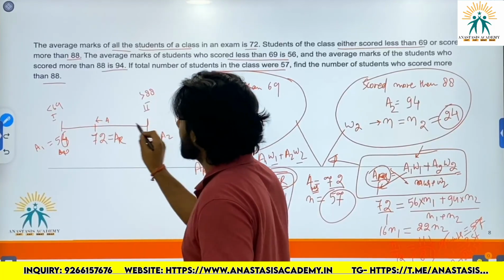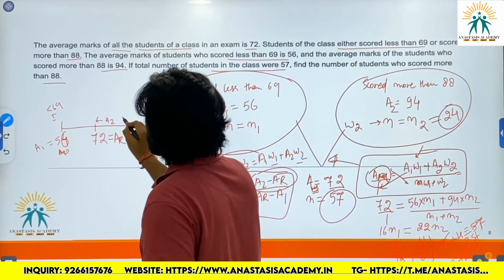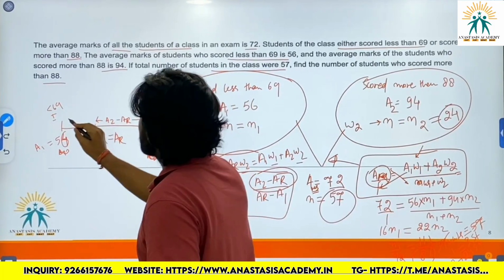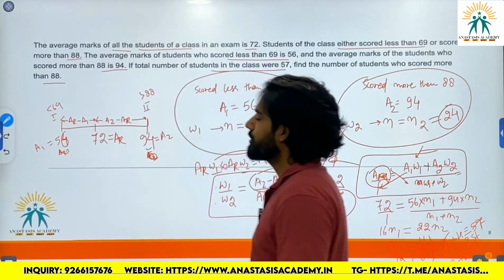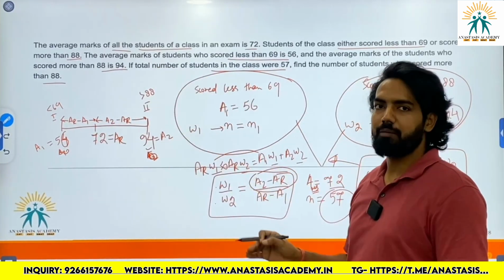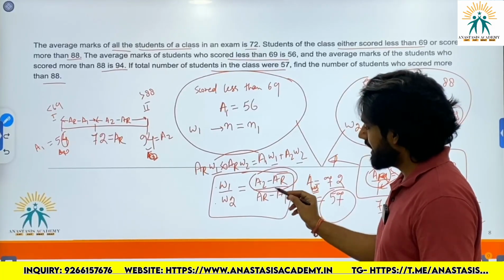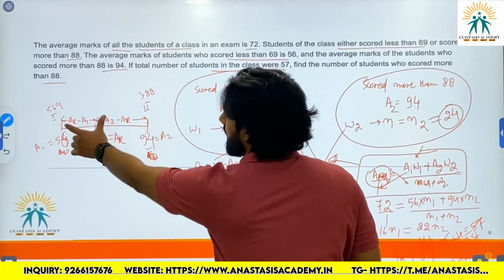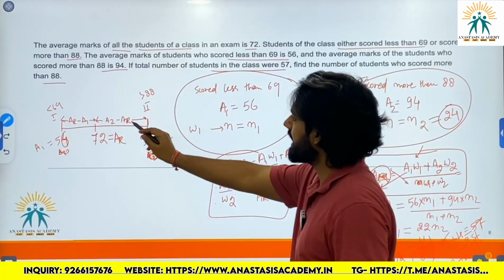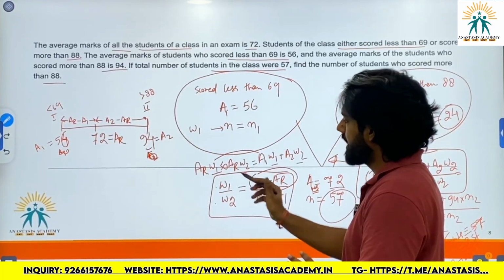This gap is A2 minus AR, and this gap here is AR minus A1. So the ratio in which these two lots are mixed is the ratio of these gaps, A2 minus AR upon AR minus A1.